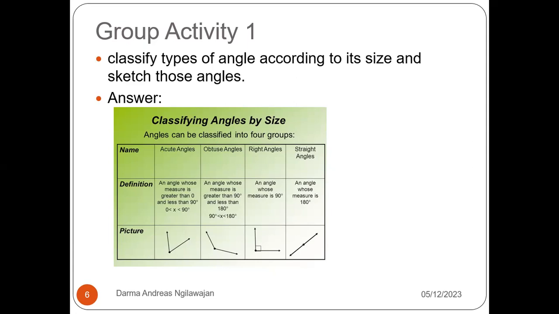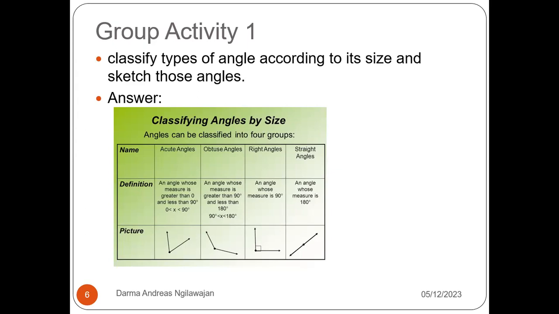So I think the answer has been given to you, as you can see. You only need to memorize the names of angles according to their size. The first one, acute angles. Definition of acute angles is an angle whose measure is greater than 0 and less than 90 degrees.